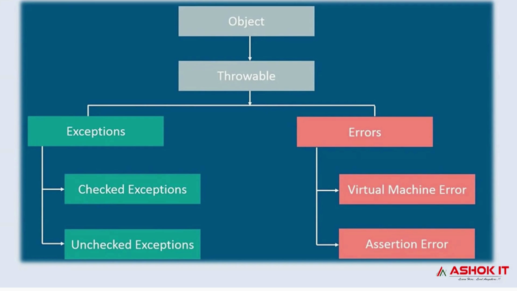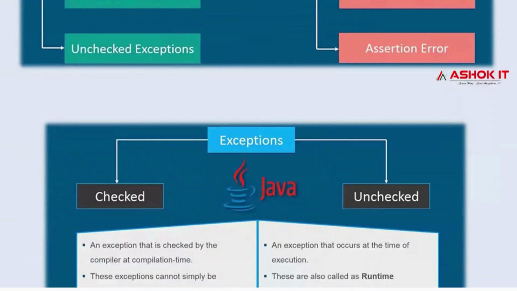Creating the exception object and handing it to the runtime system is called throwing an exception. Then using the try, catch, finally blocks, these exceptions can be handled. So this is how the Java virtual machine handles exceptions internally.